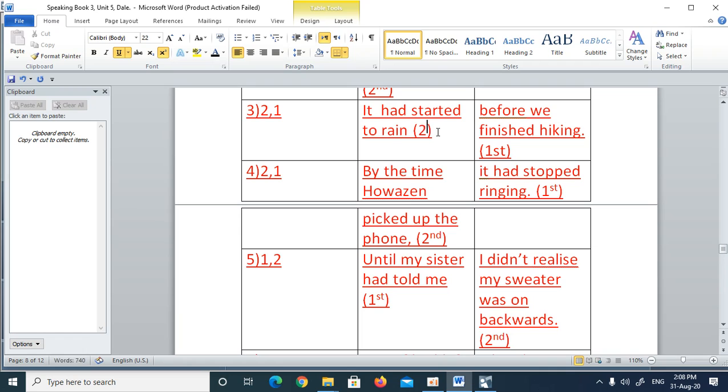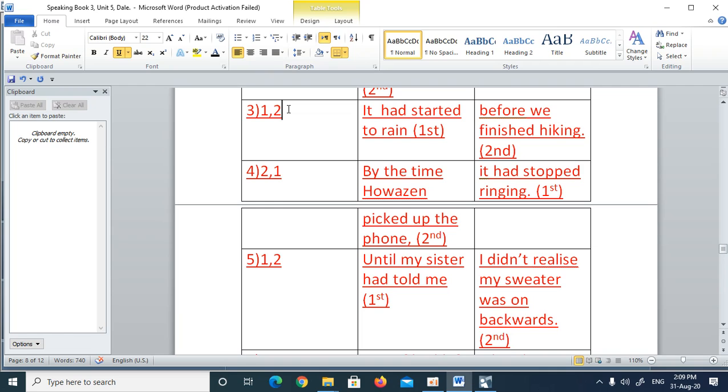The first action logically would be, it started to rain before we finished hiking.